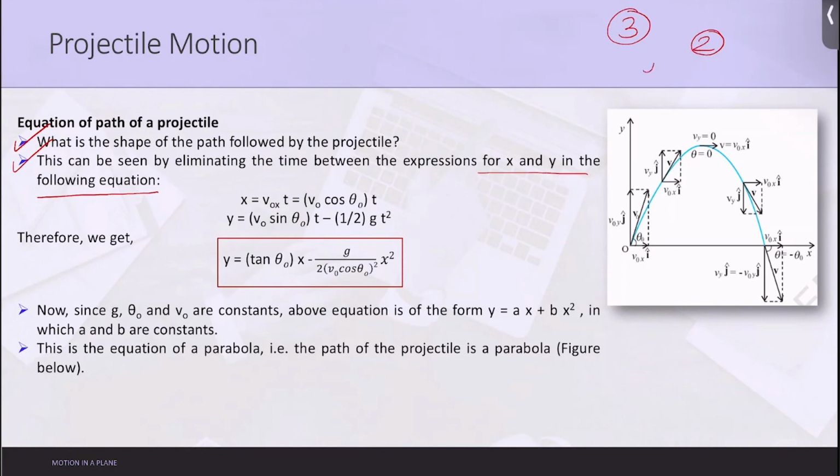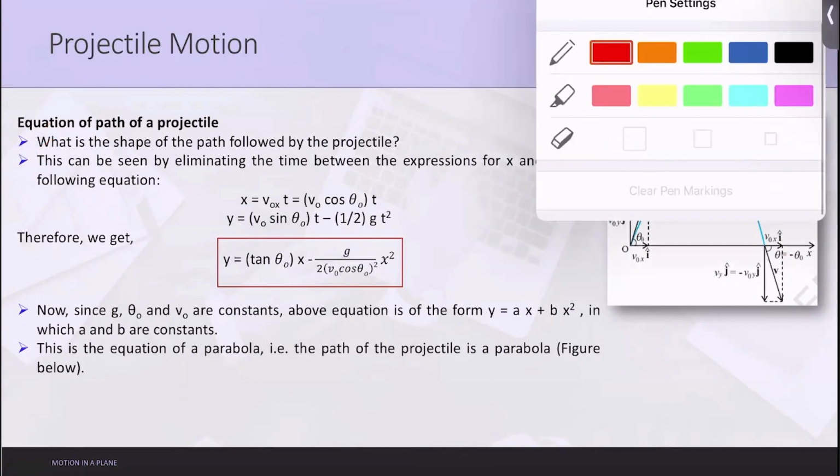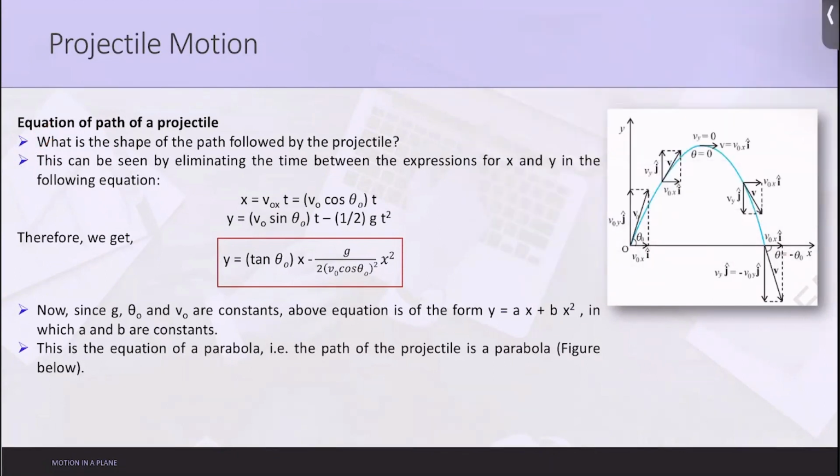If we need to remove one variable, we make one variable a function of the other and put this in the second equation, so that we obtain only one equation valid in x and y, or basically two variables. You will understand this methodology more clearly in mathematics. I will try to derive this for this part, and that is how we obtain this result.